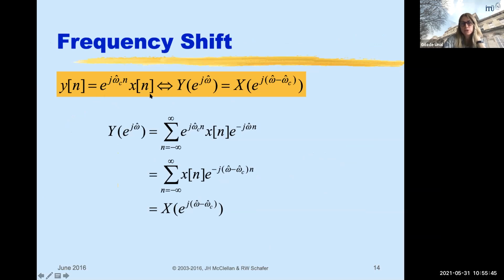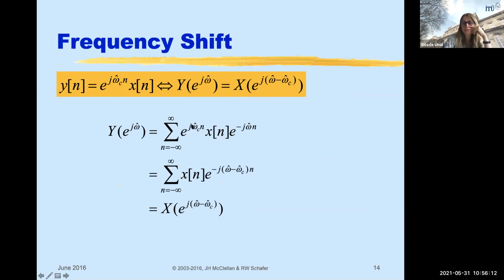Another property: frequency shift. Look at the frequency side; the right-hand side is the Fourier domain. The Fourier spectrum is shifted by omega hat c frequency. On the left-hand side, the signal is multiplied by this complex exponential, or complex sinusoid.